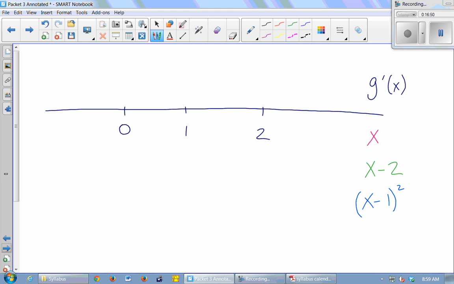All right, so I'm going to put these little fences here. These are important critical numbers where the sign might change. So I just put in fences. All right, think about the factor of x. Where is it negative? Where is it positive?